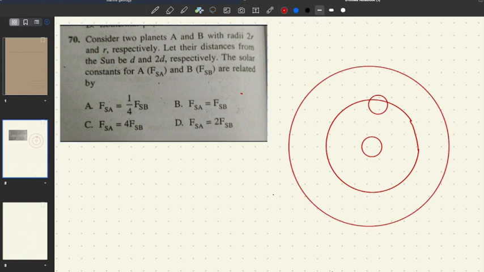This is our sun, this is planet A, this is planet B. The radius over here is 2r, there is no use of this, and here the radius is r. Distance given is d and 2d, so this is double.